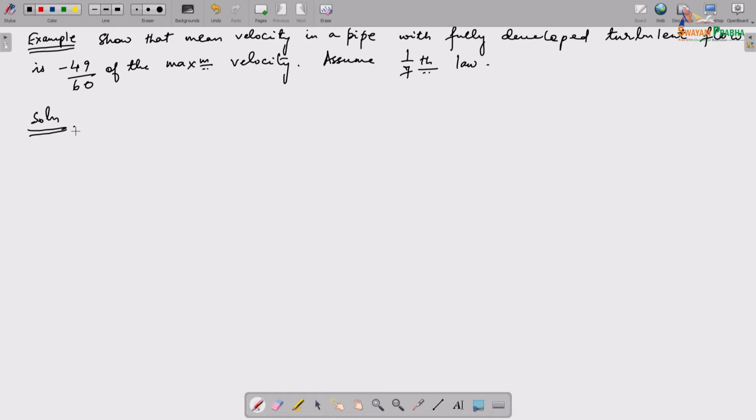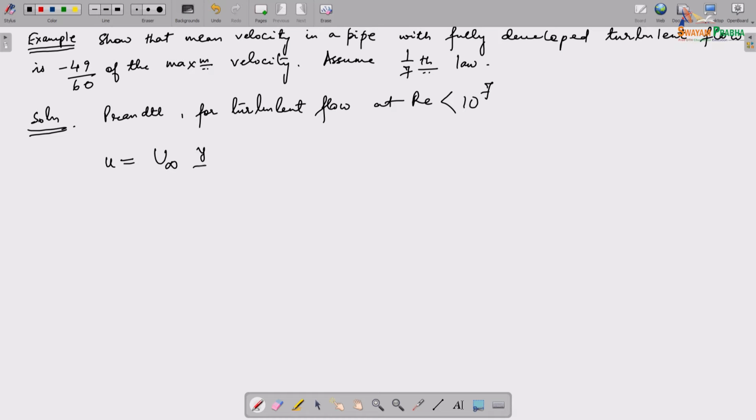Now Prandtl found, for turbulent flow for Re less than 10 to the power 7, according to Prandtl, for turbulent flow, the velocity in the boundary layer, in terms of the free stream velocity, and this is essentially the 1/7 law.